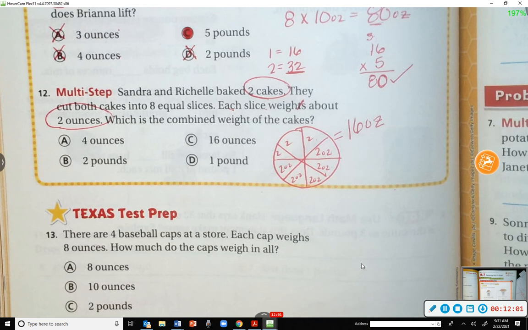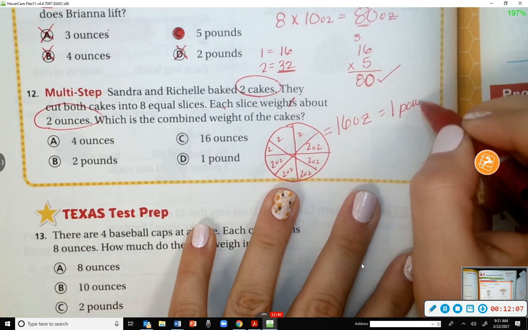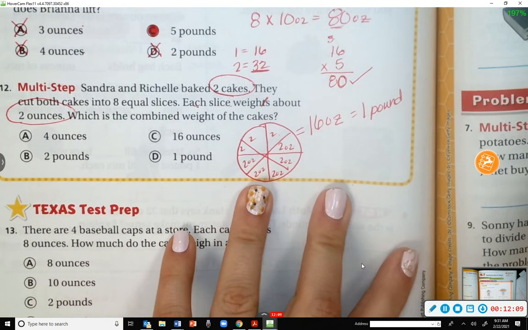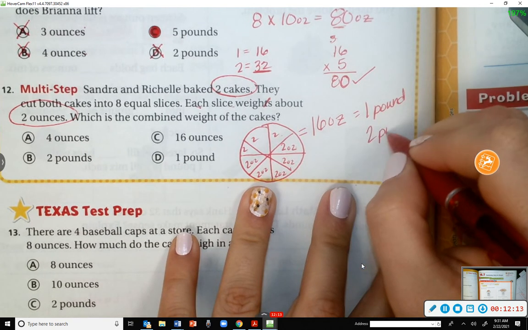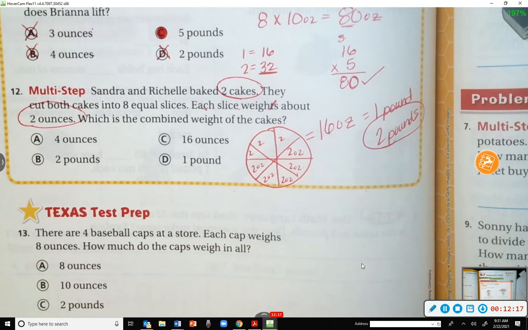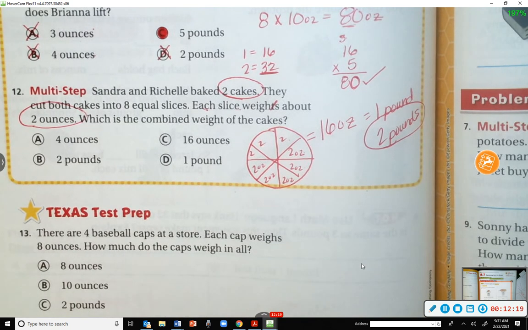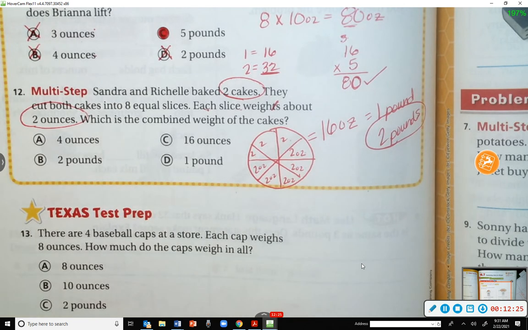Okay, 16 ounces is how much? 1 pound. Good, but that's just 1 cake. How much would 2 cakes be? 2 pounds. Good. So answer choice would be what? Which one, Allie? B. B, not C.